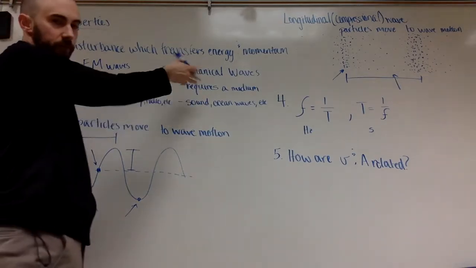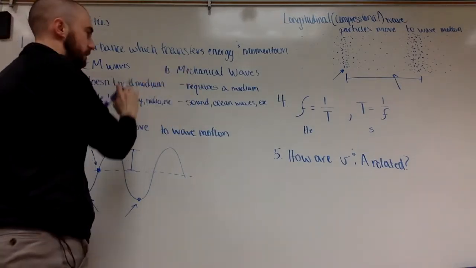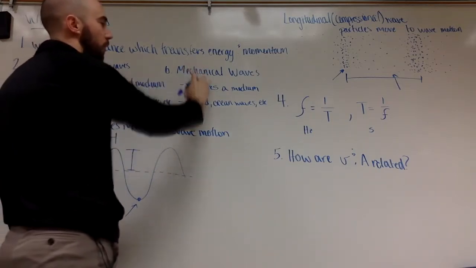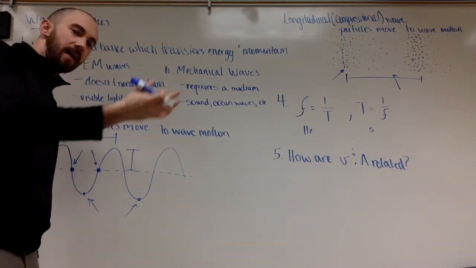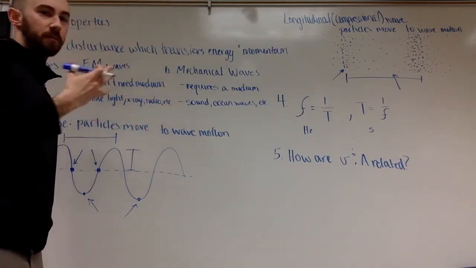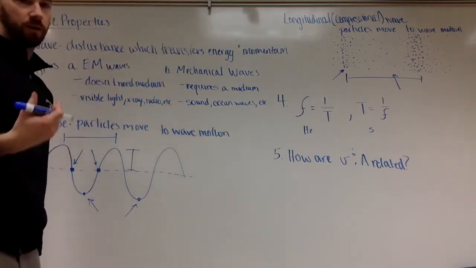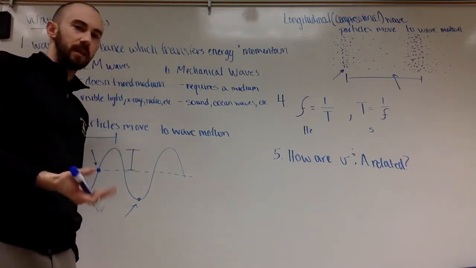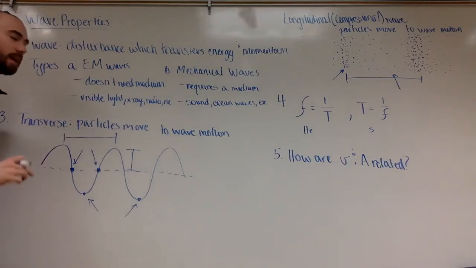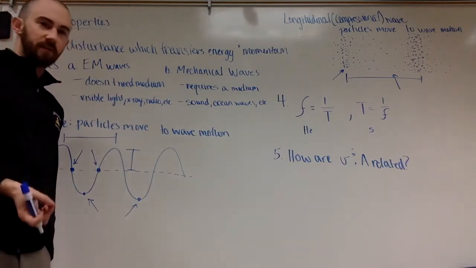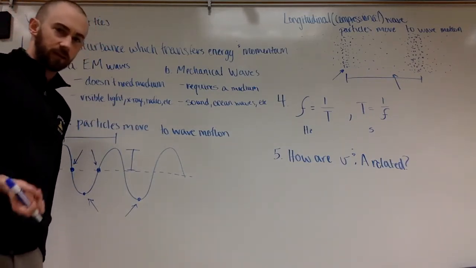When you look at mechanical waves, and we'll come back and see the reason they don't need them here, mechanical waves require a medium. So when I speak, I have to transfer energy through the medium of the air to make the sound travel. When the ocean has a wave, the water is the medium through which that energy and momentum is carried. Whereas with electromagnetic waves, they are the wave itself. It's the photons that are carrying the energy.